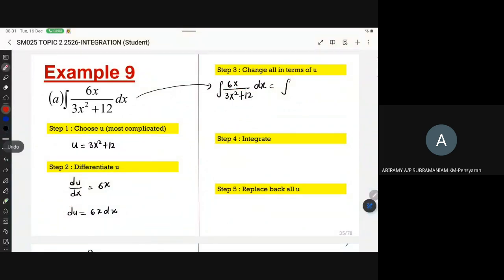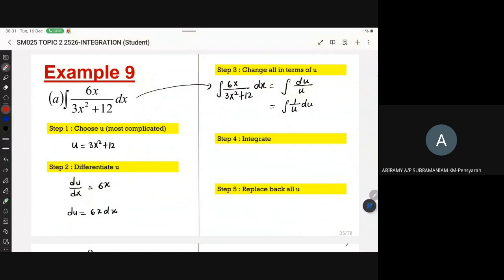So our integral will become: 6x dx we change to du, and 3x squared plus 12 we change to u. Now we need to integrate 1 over u du. Notice that by using substitution, we manage to transform two terms into one so that we are able to integrate. We can only integrate one term.